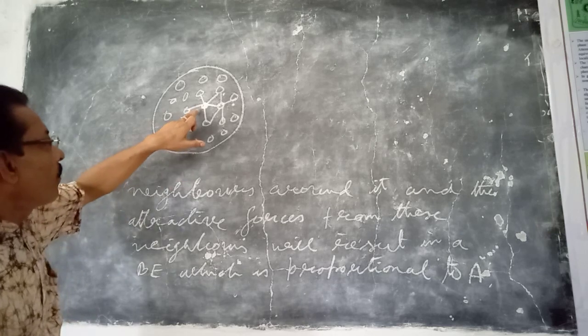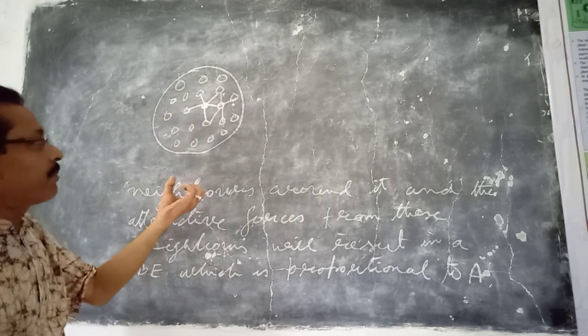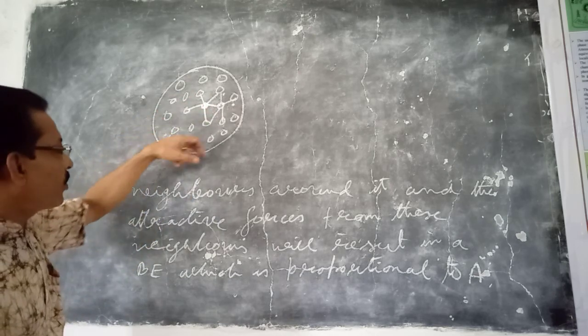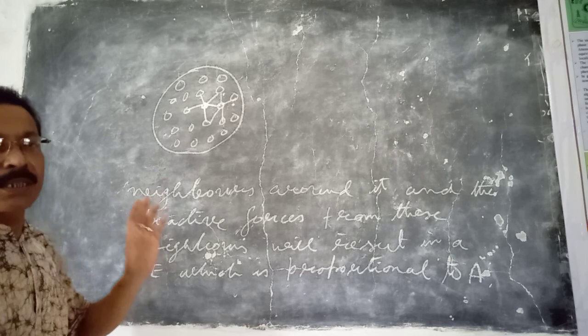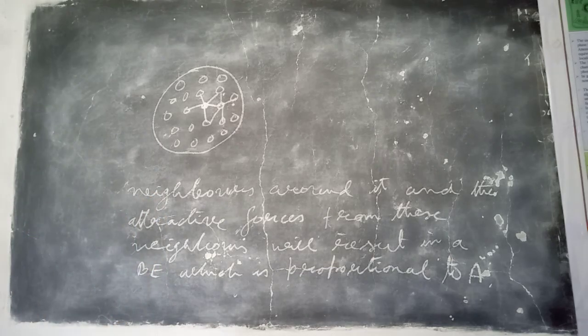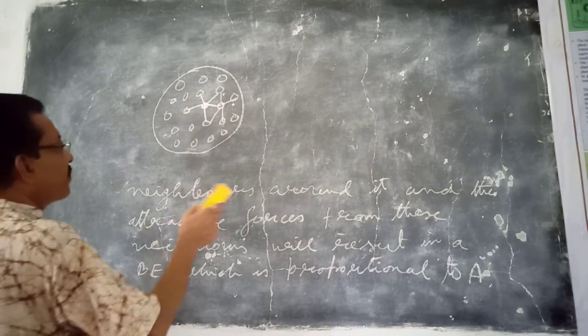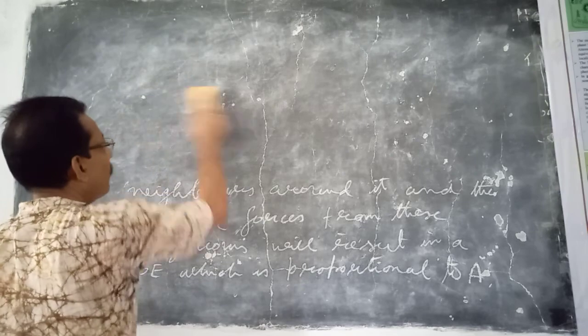Therefore, if these attractive forces produce the binding for each nucleon, it is roughly proportional to the number of nucleons A. This is the simplified explanation. So the volume energy term is proportional to A, the number of nucleons.